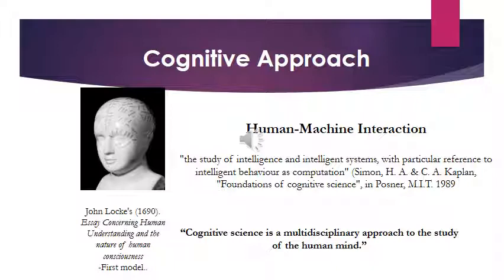So, this is the second approach of problem identification, which is the cognitive approach. The cognitive approach is a relatively modern approach in psychology to human behavior that focuses on how we think. It assumes that our thought process affects the way in which we behave.